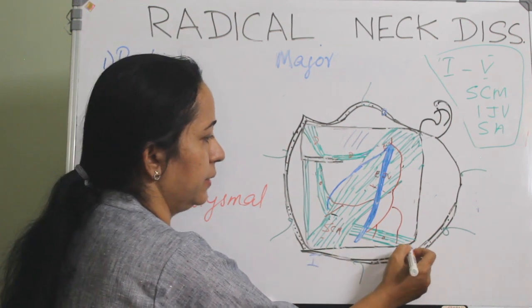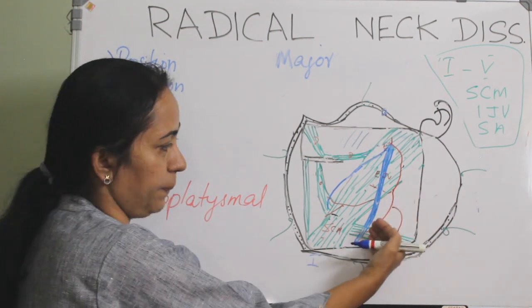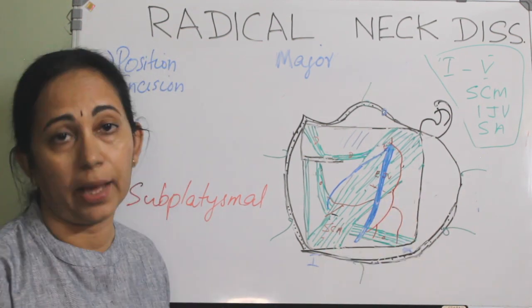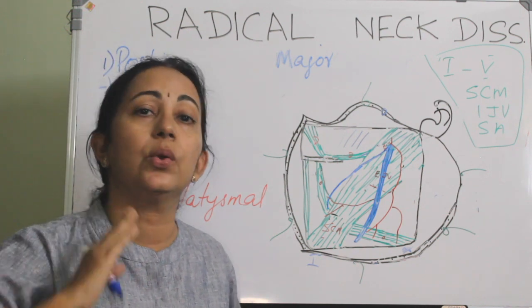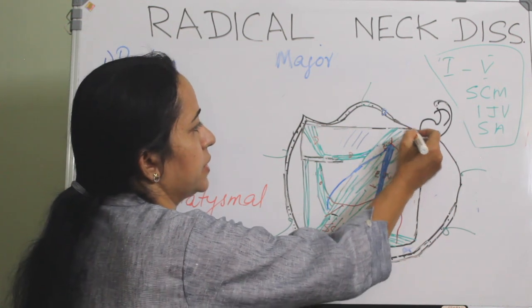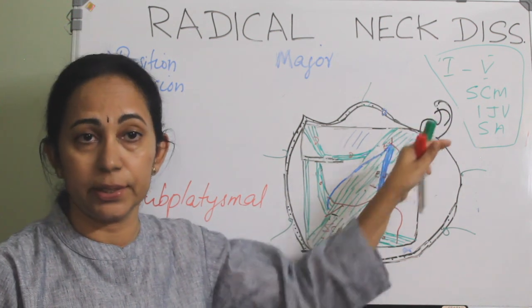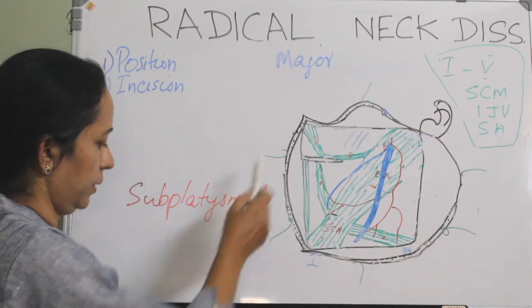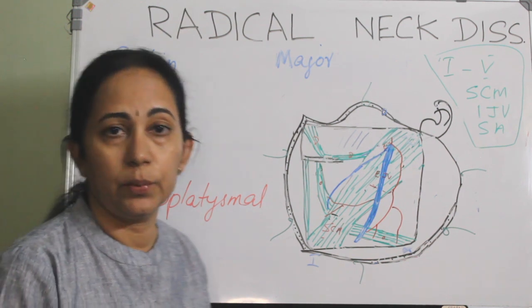Second comes here, that is at the junction of the lower border of trapezius with the lateral half of clavicle. Okay, so the lateral half of clavicle coming and joining with the lower border of trapezius. And here comes the third corner of consternation, that is at the upper border of the internal jugular vein. And the fourth corner of consternation comes here, which is the submandibular triangle.